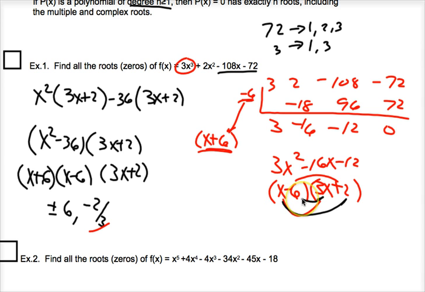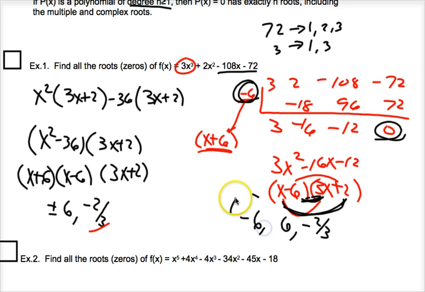Do your outsides and insides here, and make sure that you get negative 16. Which we do. We get 2x, and negative 18x is negative 16x. So that's proving that the zeros work. This negative 6 was proved because I got a 0 at the end. And then when I factor these, I can go ahead and say, I know that these are zeros based on my factors.